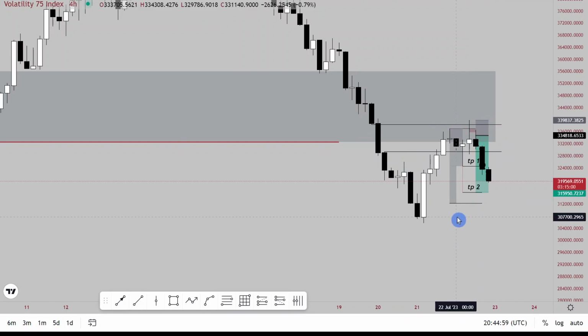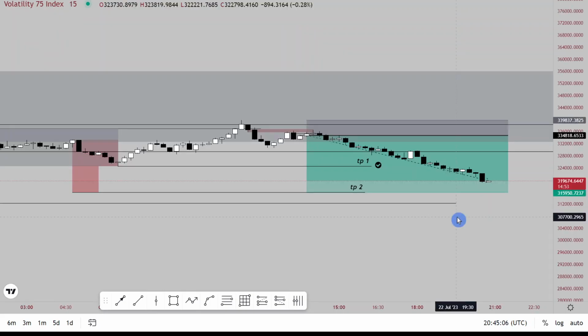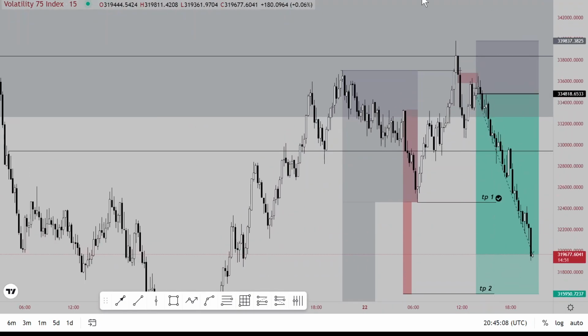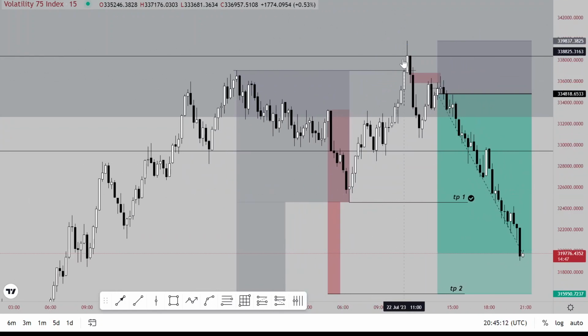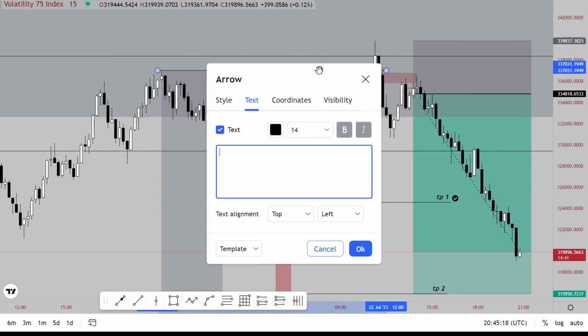Okay, so let's go to the 15 minutes chart, and that's where I saw my confirmations and started to look for sales. So on the 15 minutes chart, I saw that price has come into the area of interest right here. Okay. And then when price came to the area of interest, we had this buy side liquidity. That buy side liquidity being swept right there.